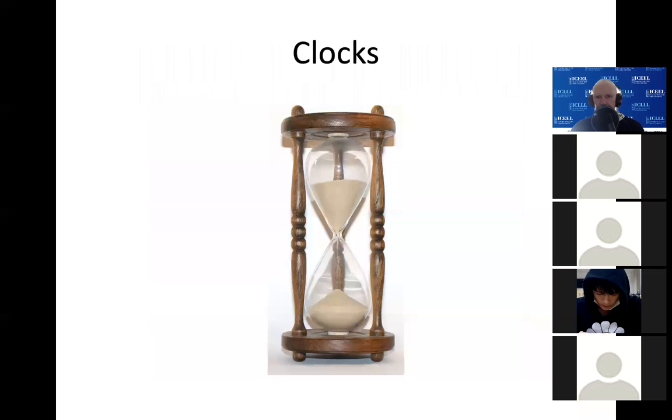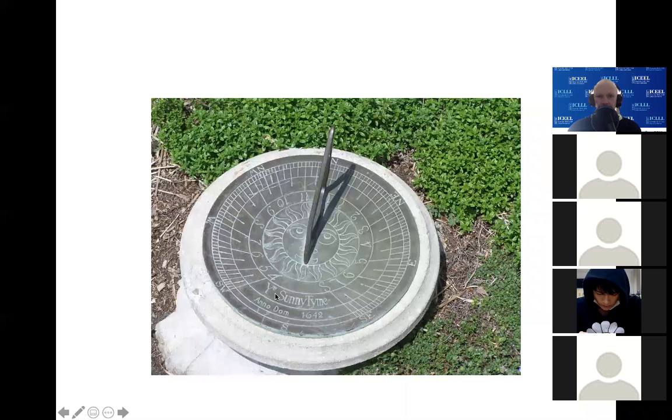And if you think about history, then machines for measuring time, clocks, in other words, have been quite common. Here's a kind of egg timer using sand flowing through this funny little bottle thing. This would be using the sun to determine the time.